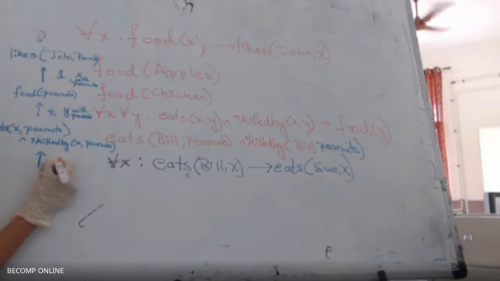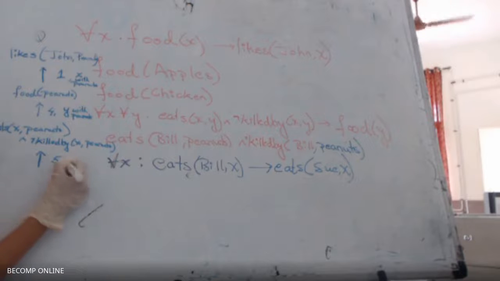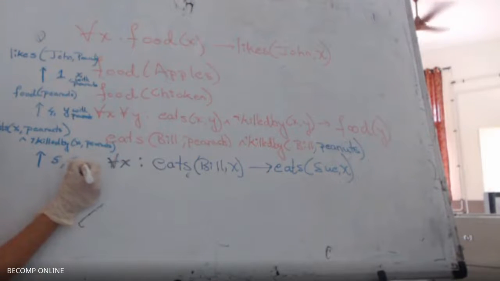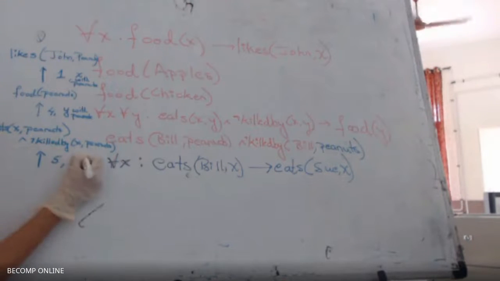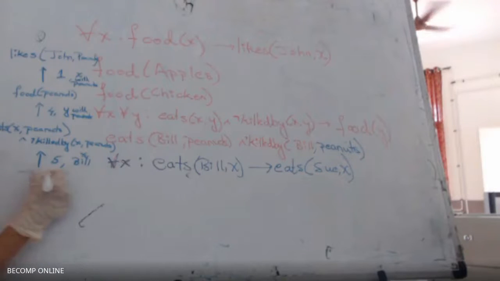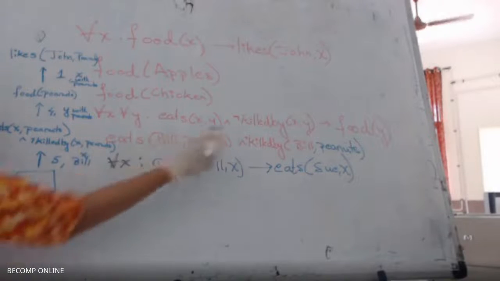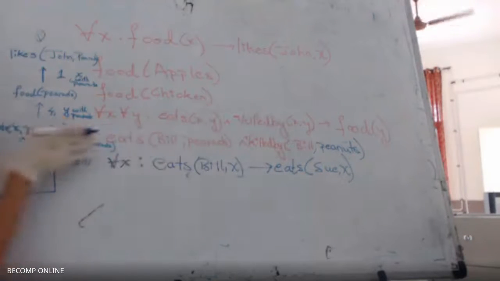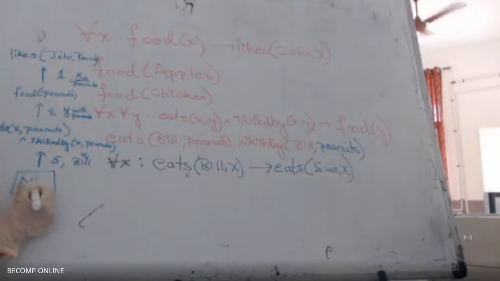So I will use fact number 5, but I will substitute X with Bill. Okay, and then what do I have? Both of them are true because there is no implication sign in this. Have you understood this? Have you understood this?